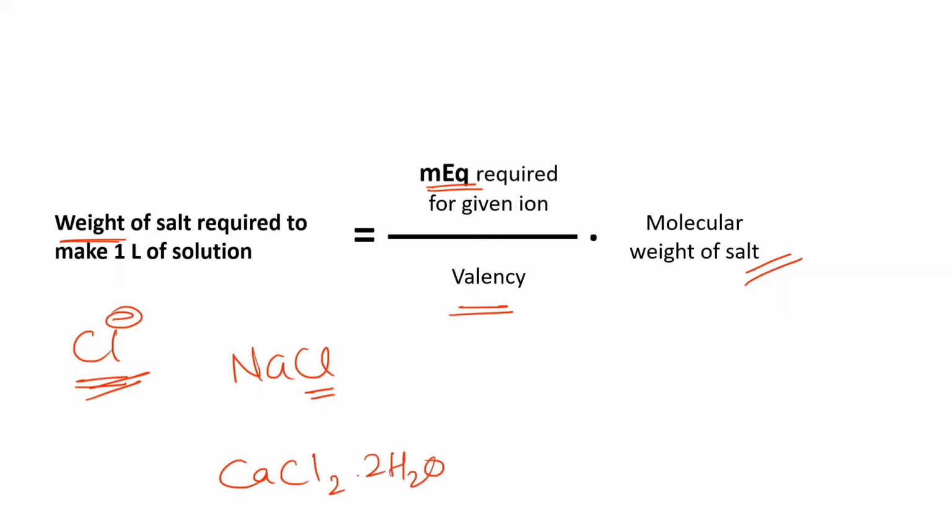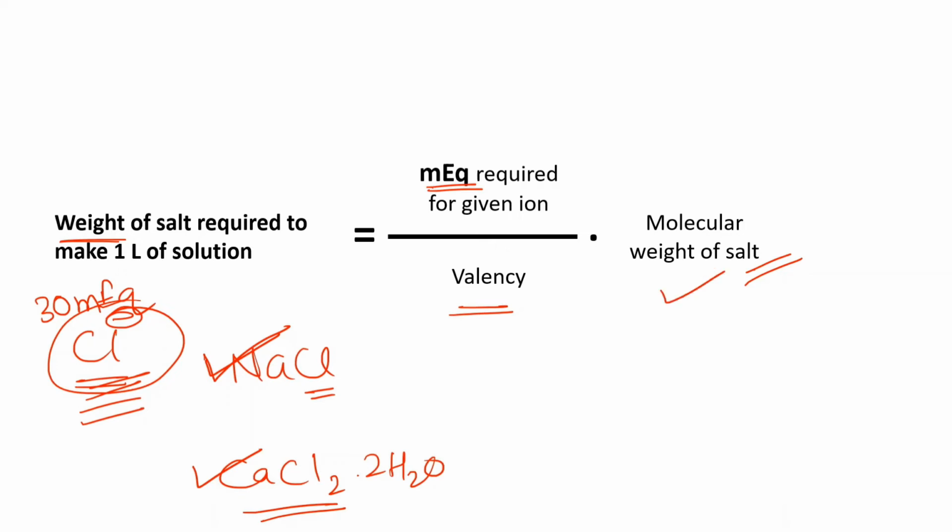So if I am using sodium chloride to prepare, suppose, 30 milliequivalents of chloride ion solution, then that weight will not be the same as the weight of calcium chloride which I use to prepare the same milliequivalent solution of chloride ions. Okay, because in this formula I will be using the molecular weight of the salt which is to be used as a source of that particular ion.